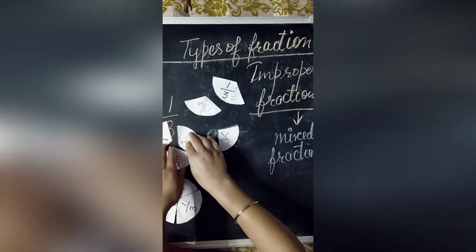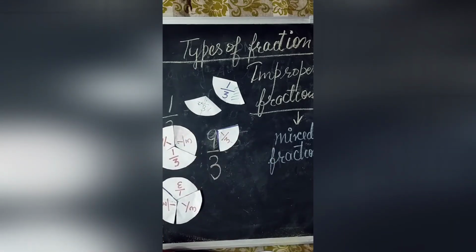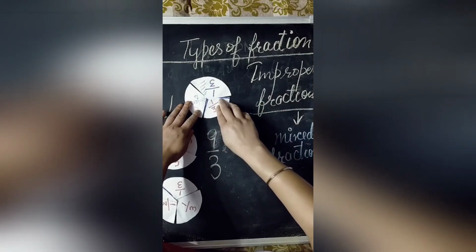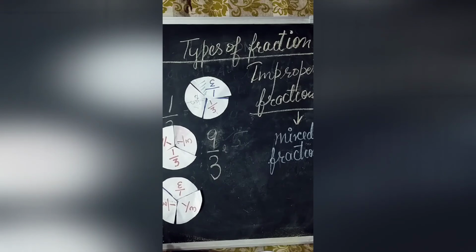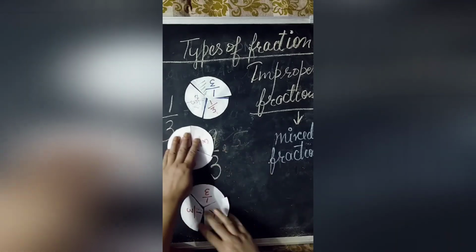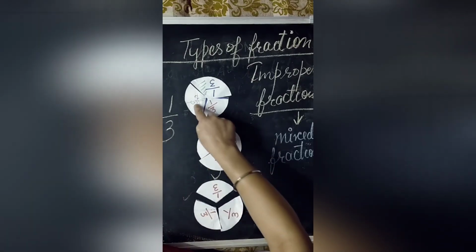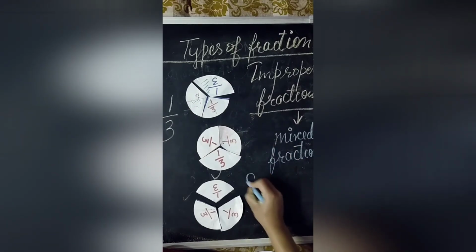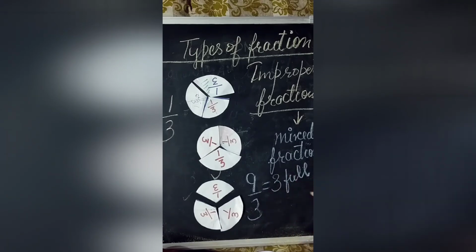How many here? 2 full pizzas. Now if we join again these, how many pizzas are there? 3 full pizzas. If we count the number of pieces, 1 2 3 4 1 2 3 4 5 6 7 8 9. These are 9 thirds, and 9 thirds means 3 full pizzas.